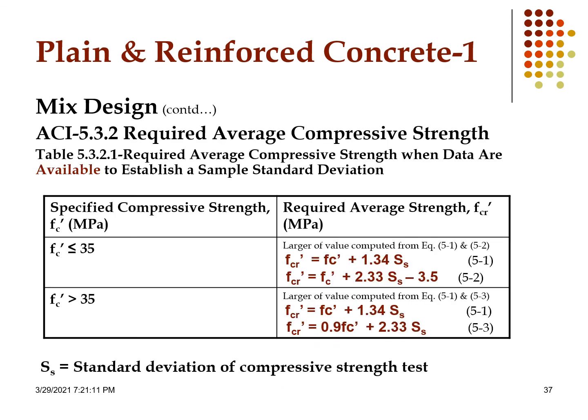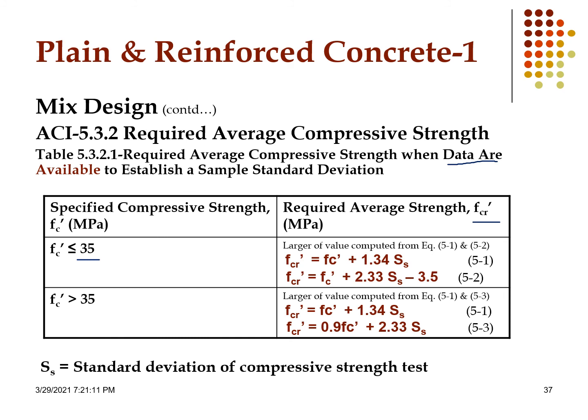Now at the initial stage, how do we get the targeted strength or required strength? If we have previous data available and if our compressive strength f'c is less than 35, then our required compressive strength is f'c plus 1.34 Ss, where Ss is the standard deviation of compressive strength data.